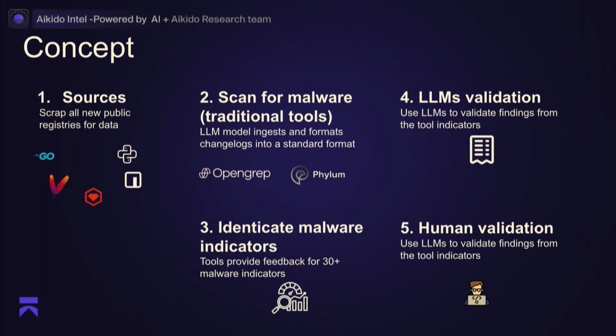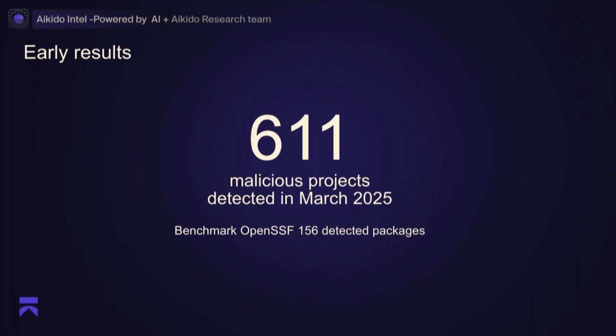Then the LLM will validate whether that's a malicious finding or not. And the last step again is human validation, where we check the results from the LLM to see what's actually up.